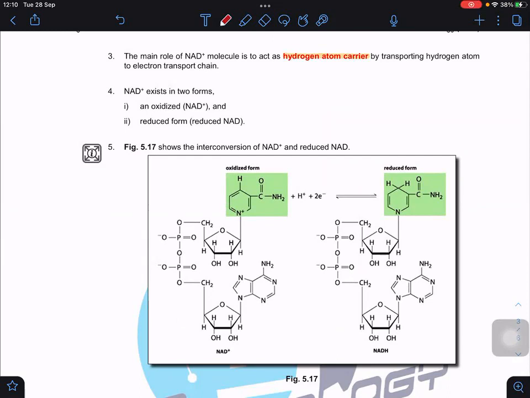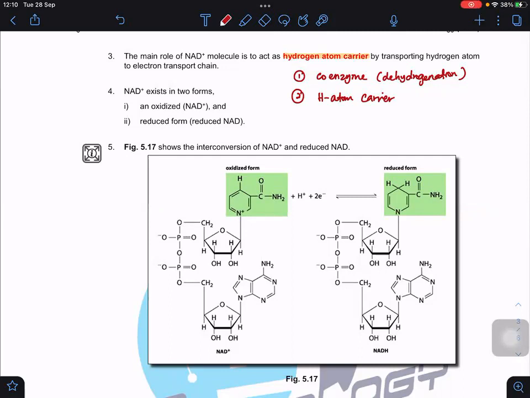If you want to describe more, we talk about it being the coenzyme in the dehydrogenation process. Second, they act as the hydrogen atom carrier: they carry the hydrogen atom and it itself becomes a reduced form.